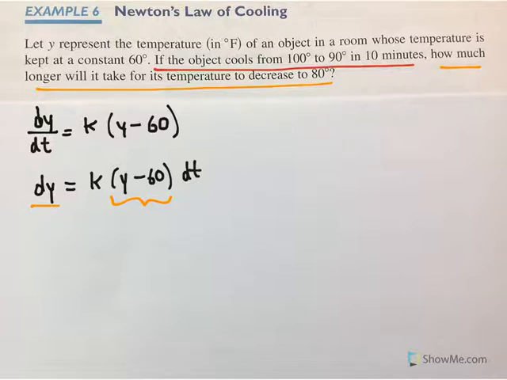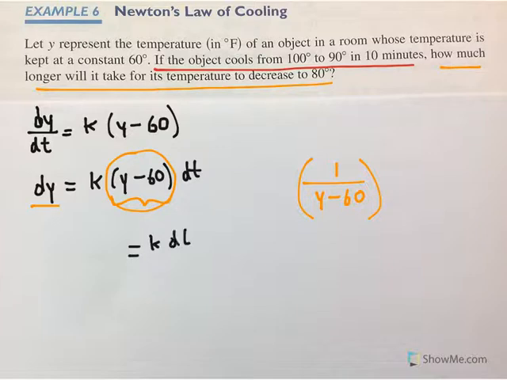So I can multiply both sides of the equation by 1 over y minus 60. When I multiply by 1 over y minus 60 on the right side, it will cancel with the y minus 60, leaving me with just k times dt. And when I multiply by 1 over y minus 60 on the left side of the equation, I will have 1 over y minus 60 dy.